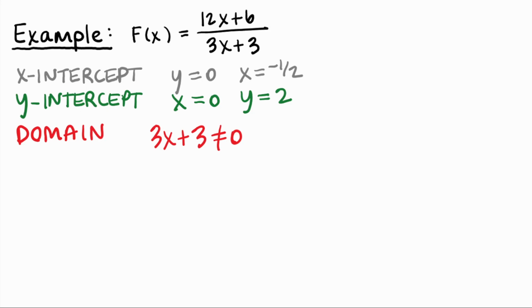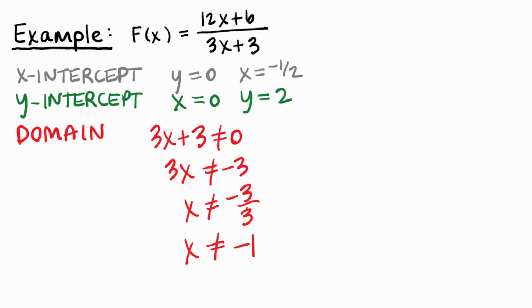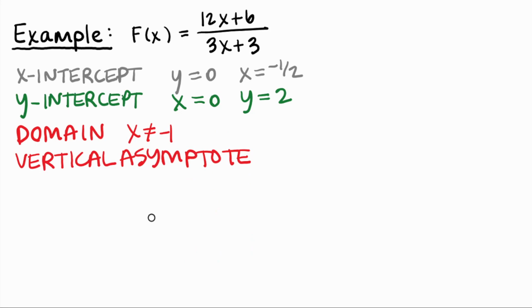The only thing that could go wrong here would be dividing by 0. So I'm going to subtract 3 from both sides and divide by 3, and I get x not equal to that, and that's negative 1. So my domain is going to be all x that is not equal to negative 1. As a result, I can say the vertical asymptote to the graph of f is going to be x equals negative 1.